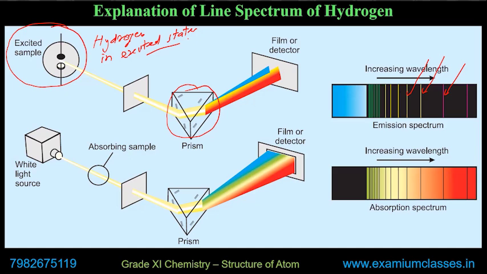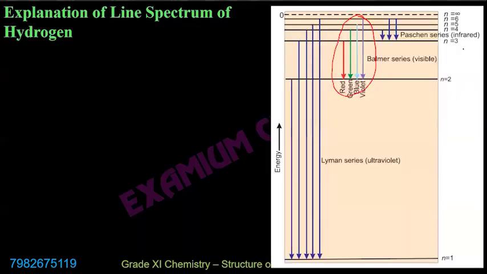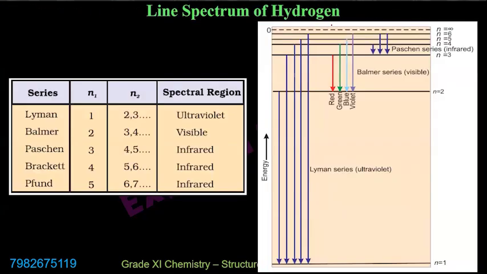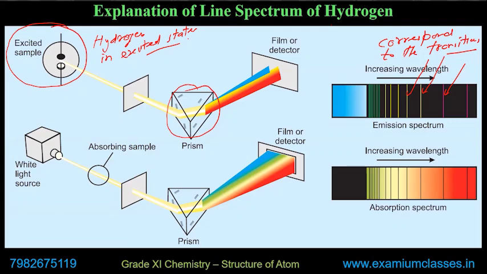These bars actually correspond to the transitions. Which transitions? In this case, these. Because there are only specific transitions in the visible region, only those frequencies are visible. So the radiation actually does not have all the frequencies.